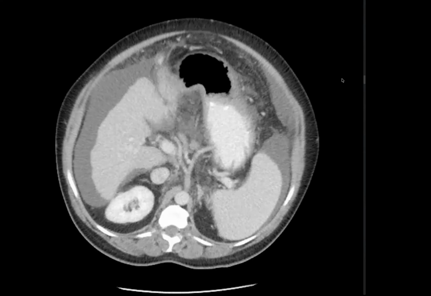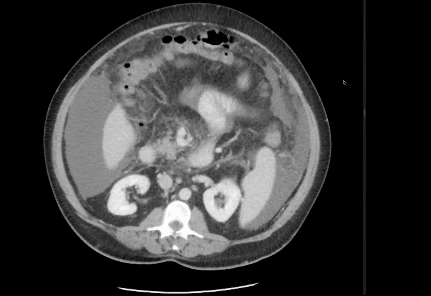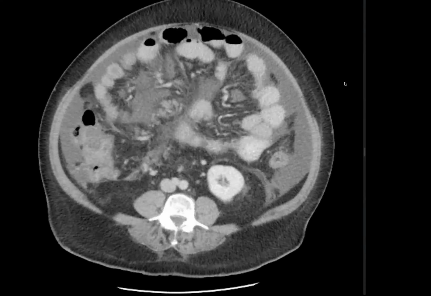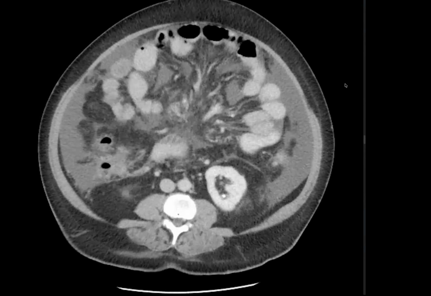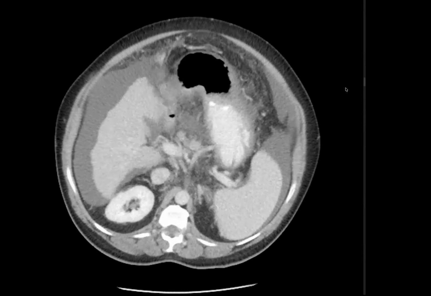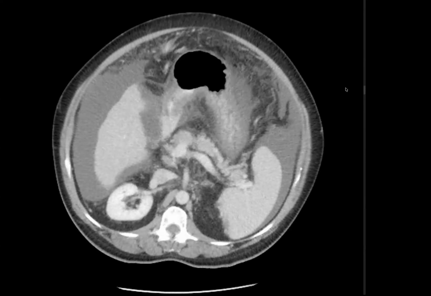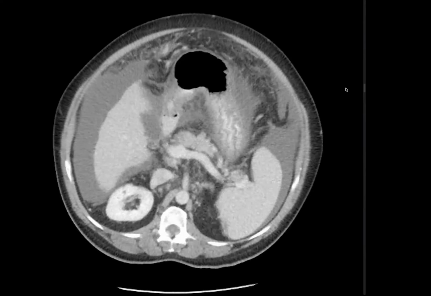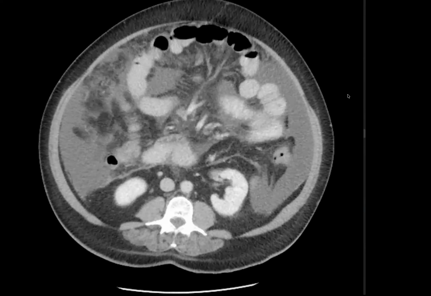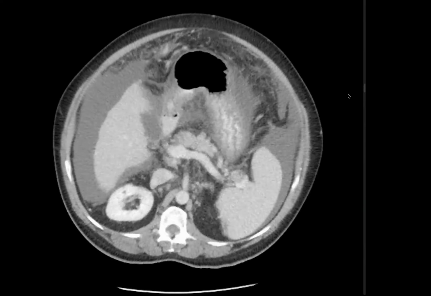The spleen appears unremarkable. I'm looking for the pancreas. Okay, the pancreas appears normal. Bilateral kidneys appear grossly normal.